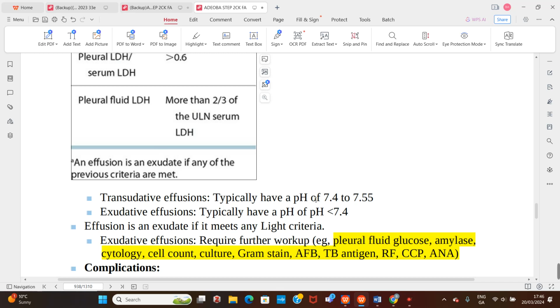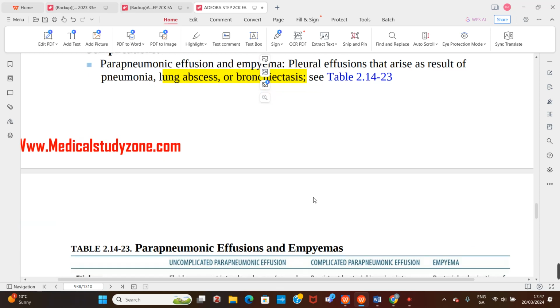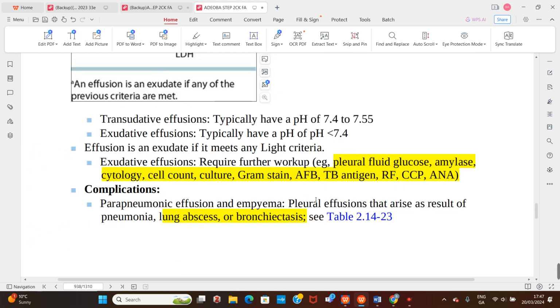So the pH is within the normal to alkaline range, like 7.4 to 7.55. But for people with an exudative process, the pH is less than 7.4, and the lower the pH, the worse it is. We'll talk about this when we start talking about the complications. So just know that for exudative it is less than 7.4, and for transudative it is more than 7.4.